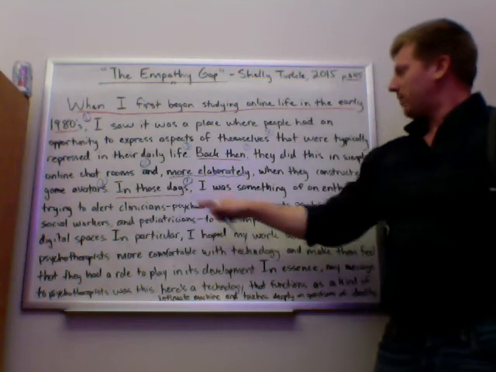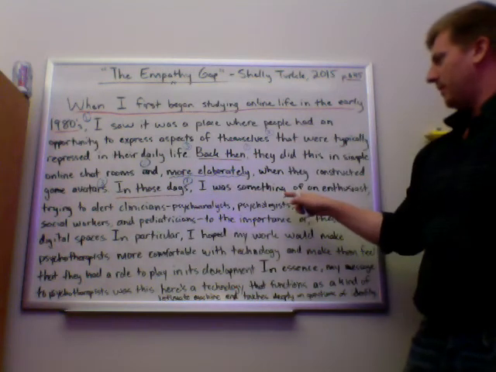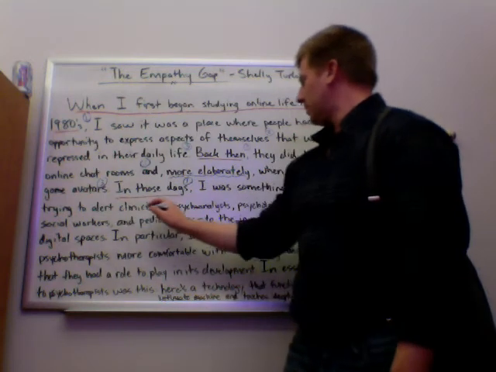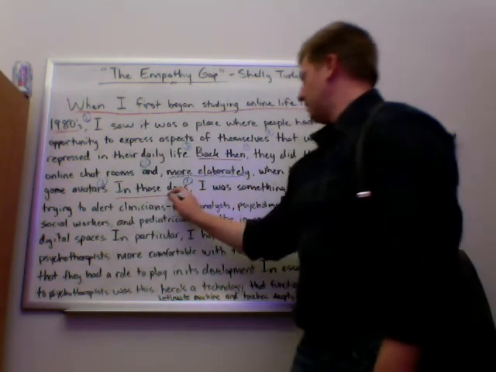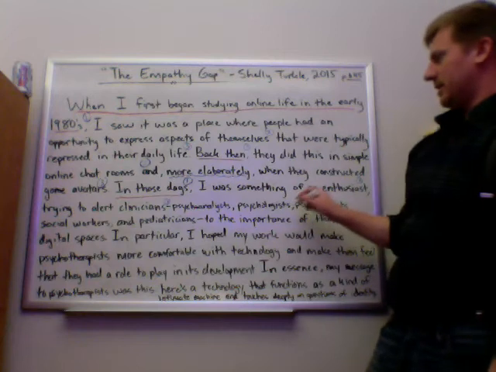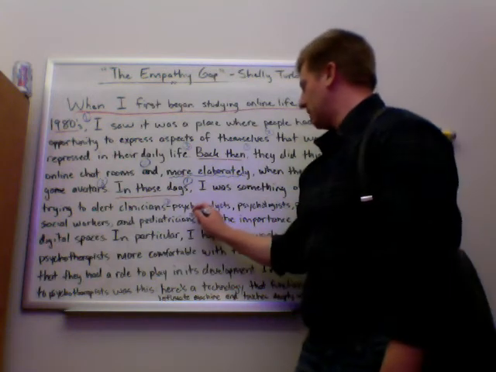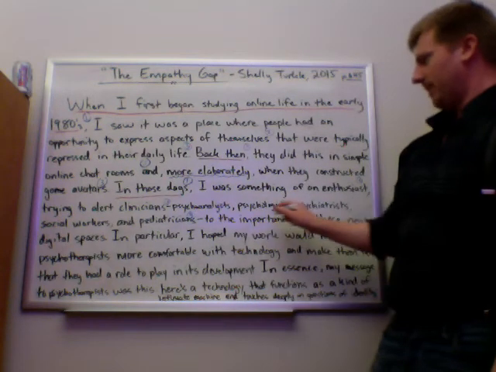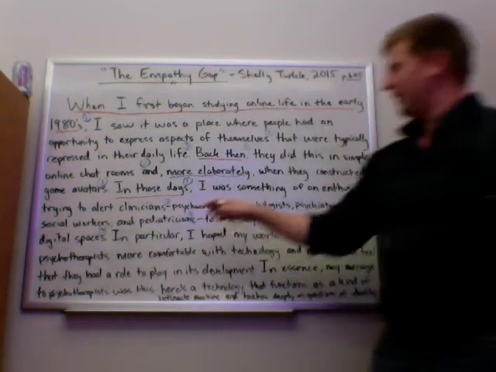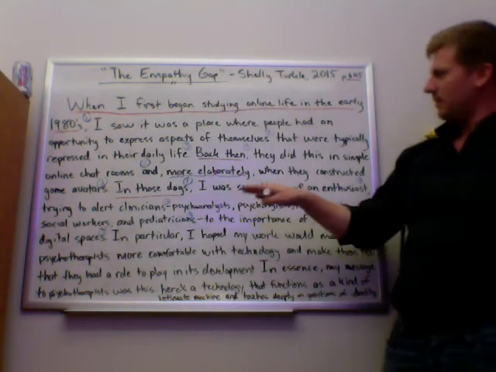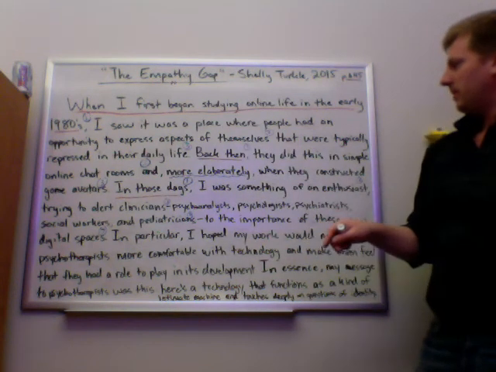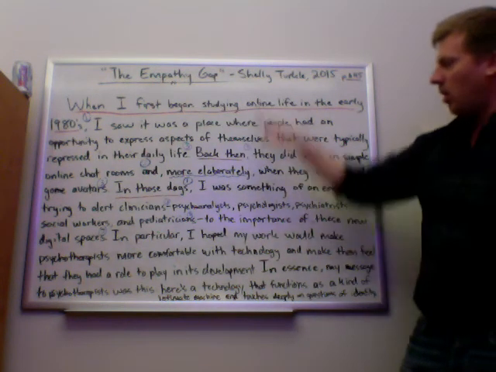"In those days," part one, "I was something of an enthusiast," part two, "trying to alert clinicians," and this is a big list, "psychologists, psychoanalysts, psychiatrists, social workers, and pediatricians," that's like part four, "to the importance of these new digital spaces," part five. So she has an even longer sentence here. She's got one, two, three sentences that are all cumulative sentences.